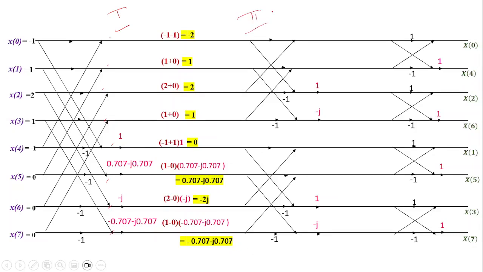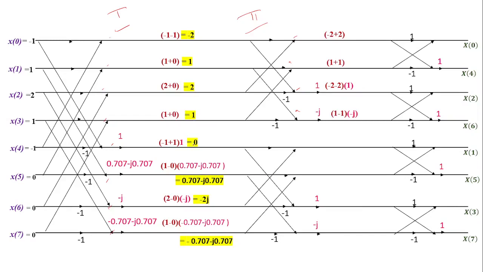So in this stage 2, here as such, this and this is going to be the pair and then this and this is going to be the pair. So -2 plus 2. So it's going to be -2 plus 2 and here it's going to be -2 minus 2 into the twiddle factor. And the input next is 1 and 1. So 1 plus 1, 1 minus 1 into minus j.